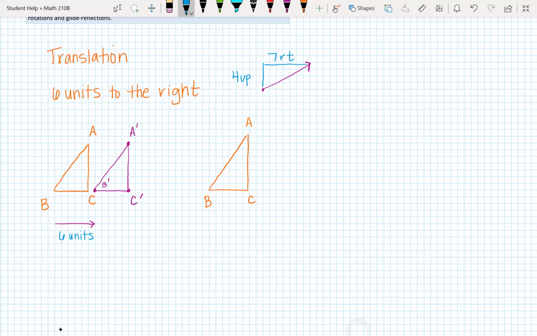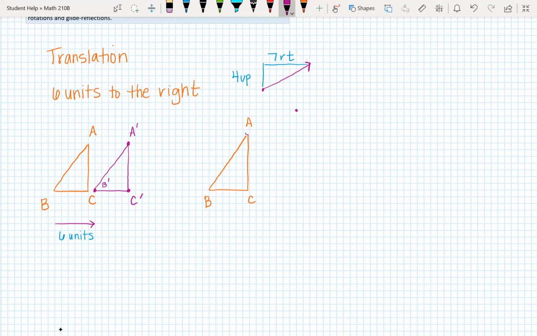So what I'm going to do is take each of these points, move them up by 4, and then also to the right by 7. So this point A is going to go 4 up, 7 over.